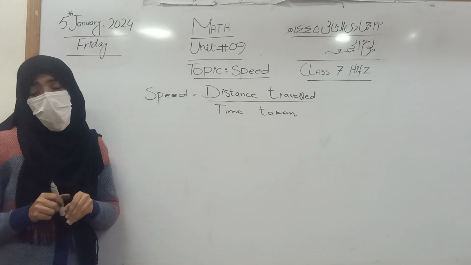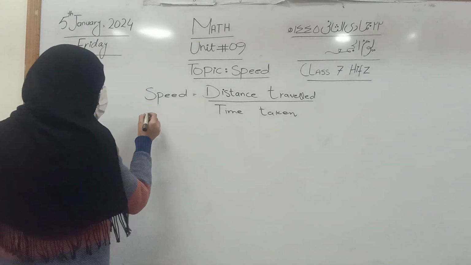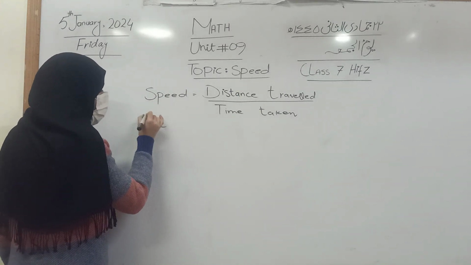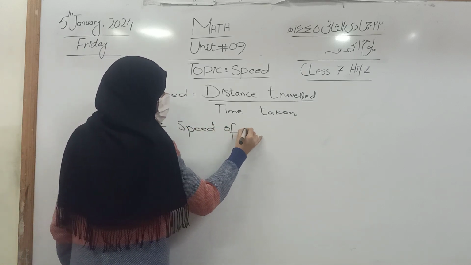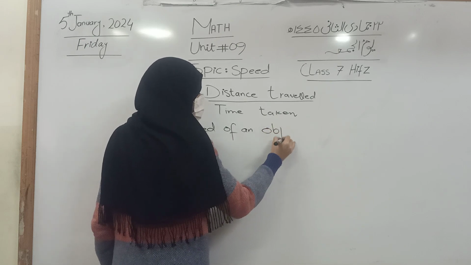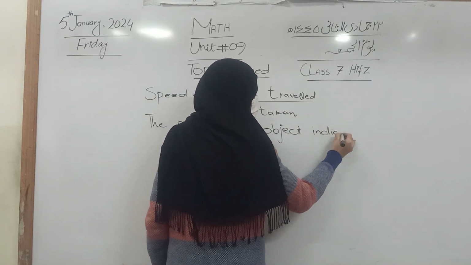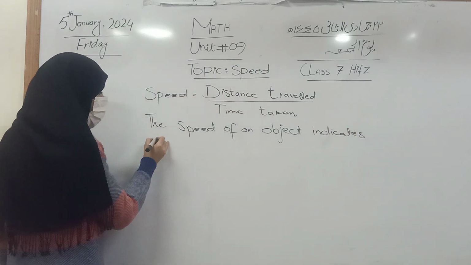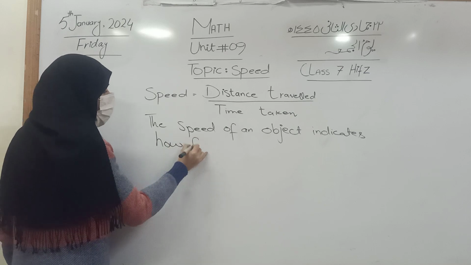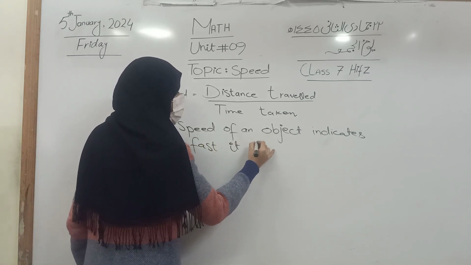But we can explain that the speed of an object indicates how fast it is moving. The speed of an object indicates how fast it is moving.